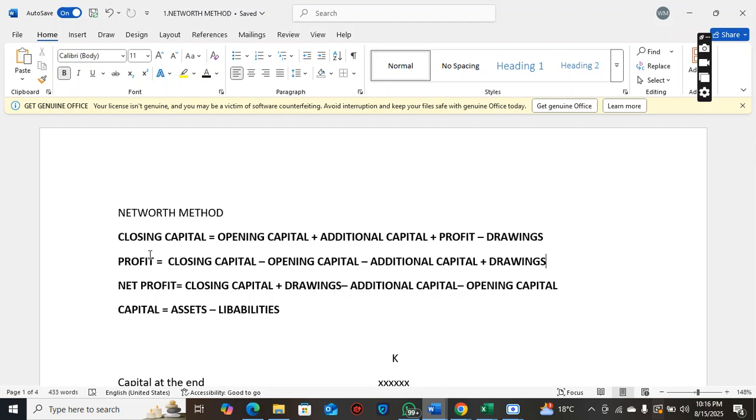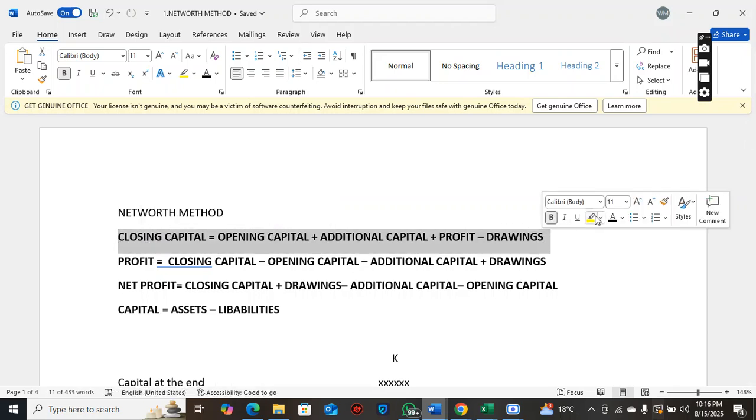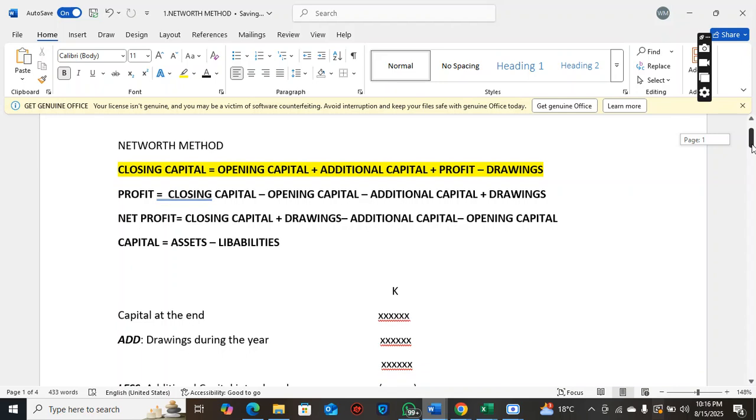This is the formula that we're going to use to get our profit. But also this formula here, we can put it in a certain format, like this.